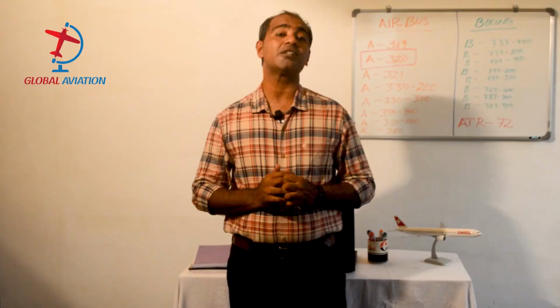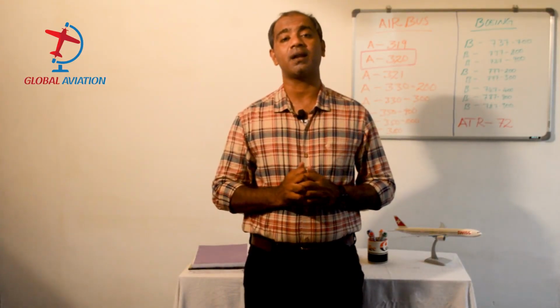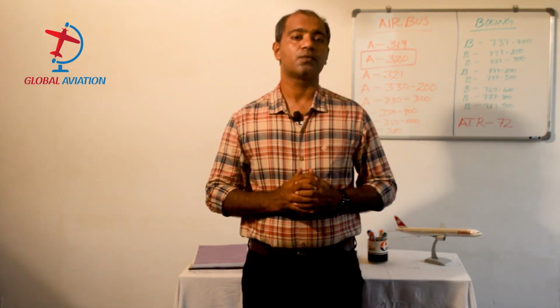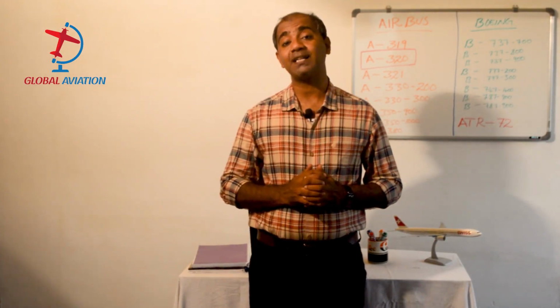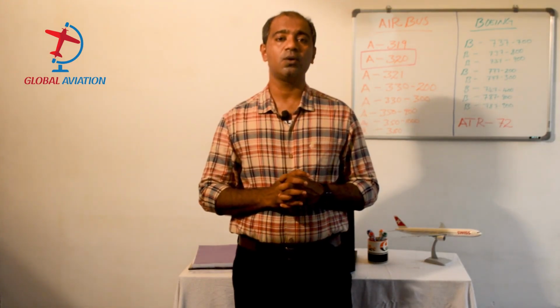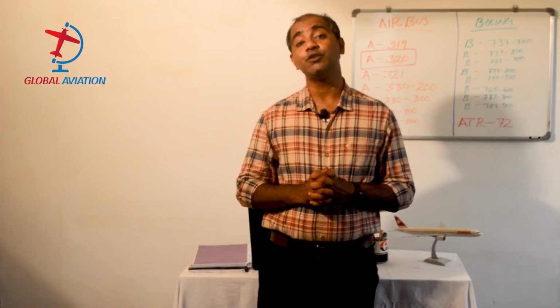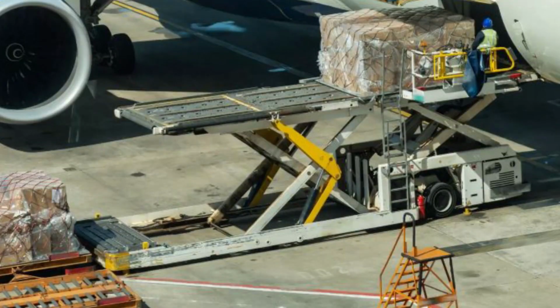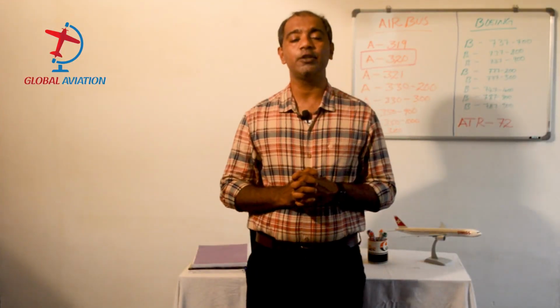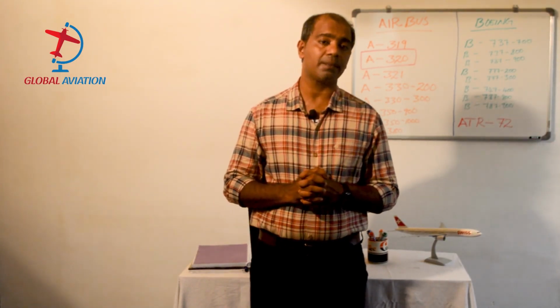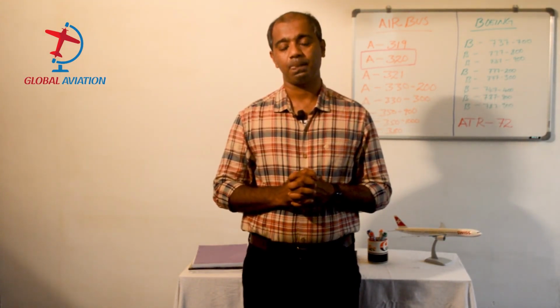For passenger aircraft, the main deck is also known as the cabin. The lower deck is used for loading the dead loads. Dead loads can be baggage, cargo, mail, special loads, dangerous goods, human remains, etc.